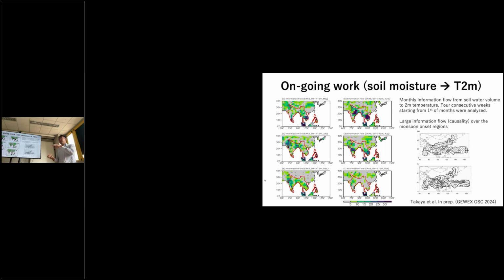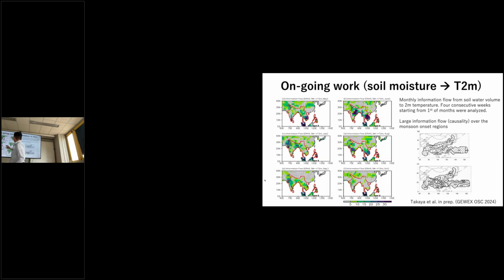So over the monsoon region, I think that land atmosphere interaction is important to give better prediction. And we also found a very interesting result. If we look at the retreat season, the end of the monsoon, actually we have the monsoon retreat in September over the Indian regions.